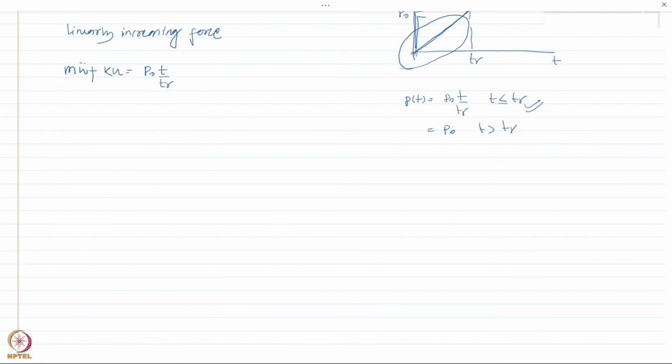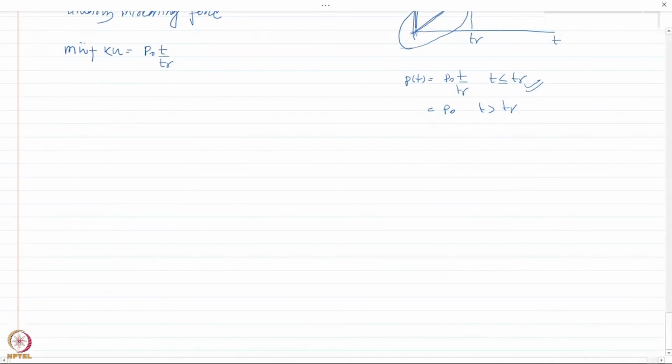Now in this case, let us go with the conventional method. We know that as a particular solution I can use p naught by k, t by tr. If we take this as a particular solution, then this is one of the solutions that satisfy this equation.